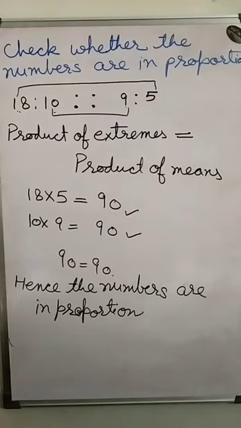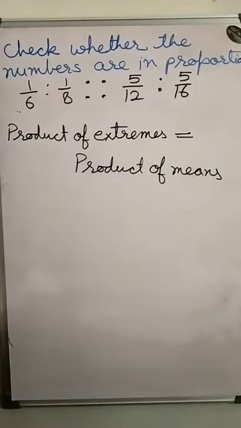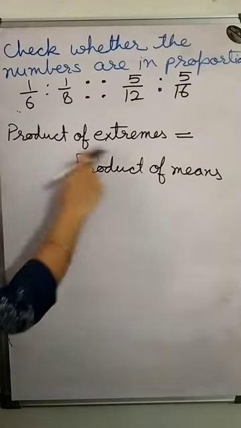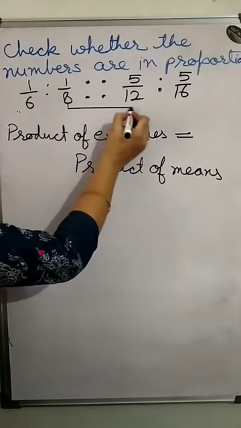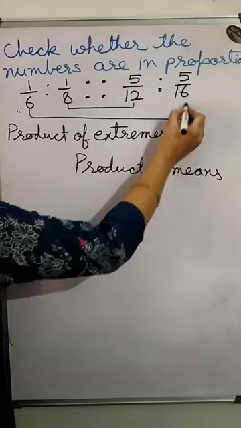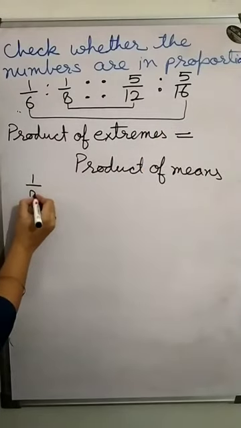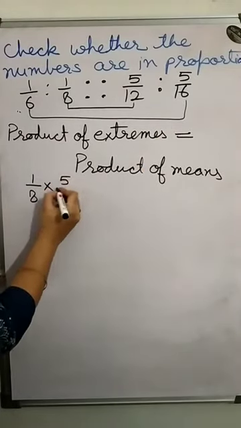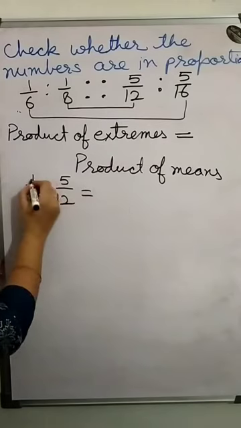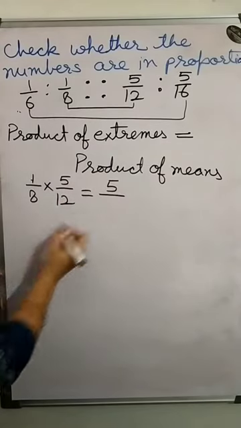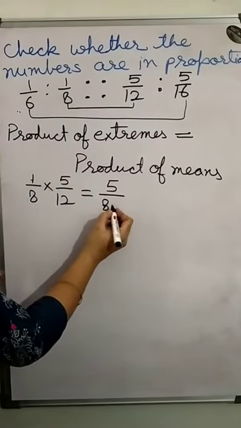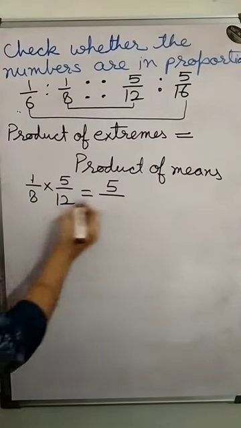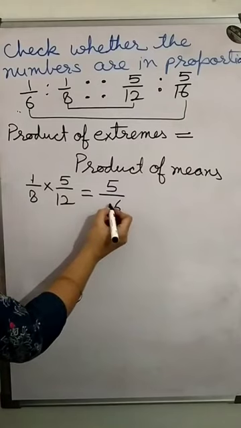Okay, let's take one more example. Is 1/6 ratio 1/8 in proportion to 5/12 ratio 5/16? Here again the same formula, product of means and product of extremes. So 1/8 multiply 5/12, 12 eights are 96.